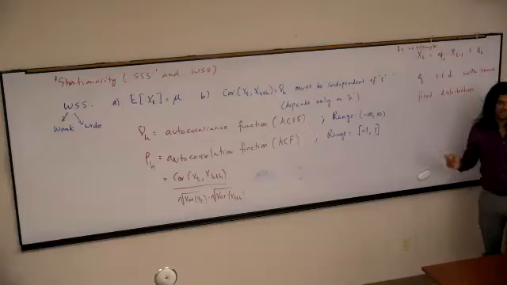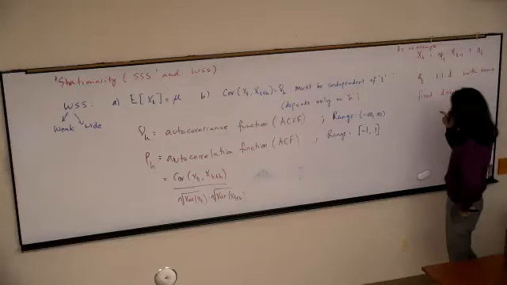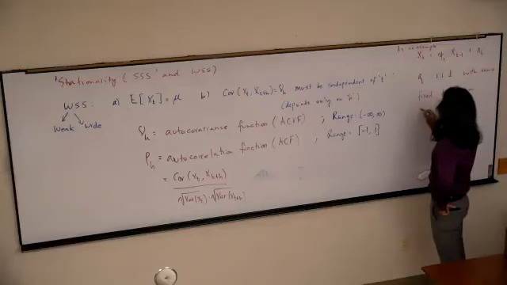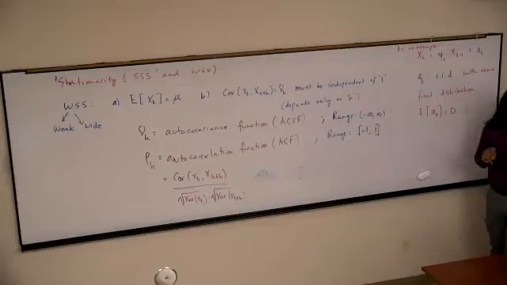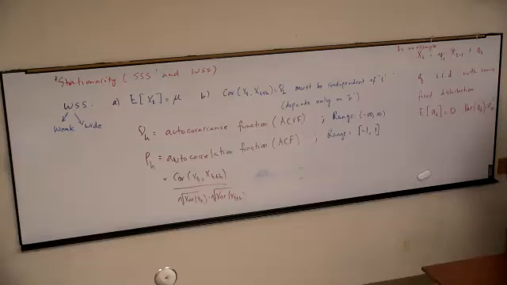We want the mean of a sub t to be 0. In other words, the theoretical value, the expectation of a sub t, has to be 0. And the variance of a sub t is sigma squared sub a.